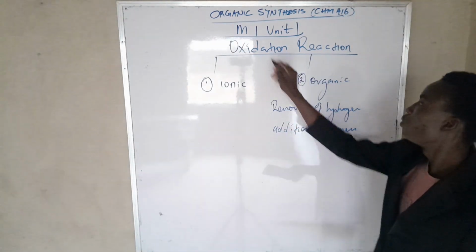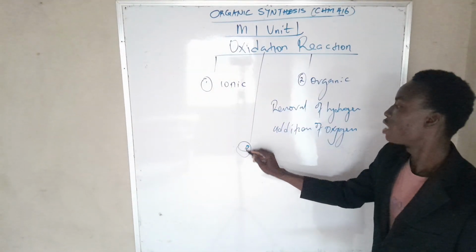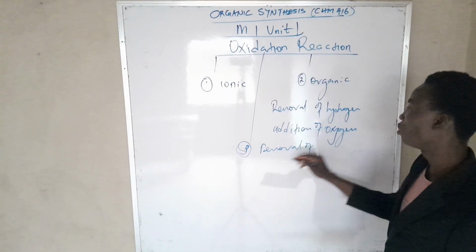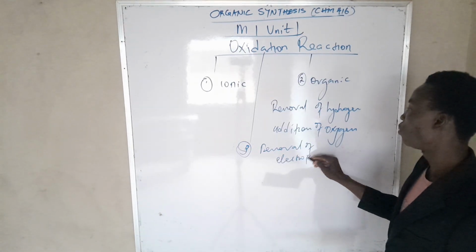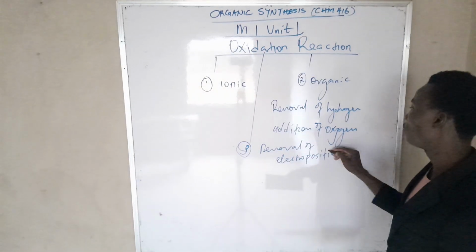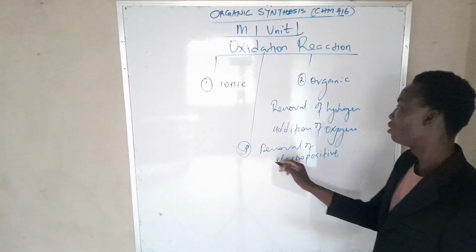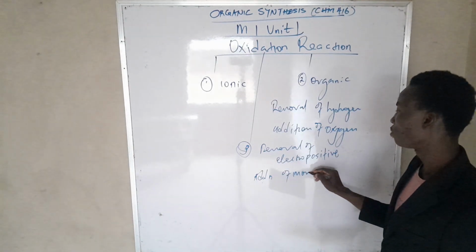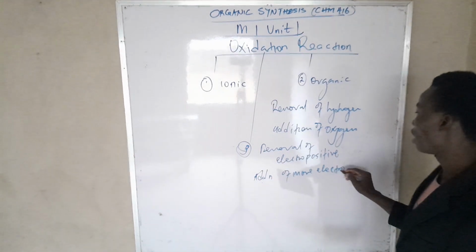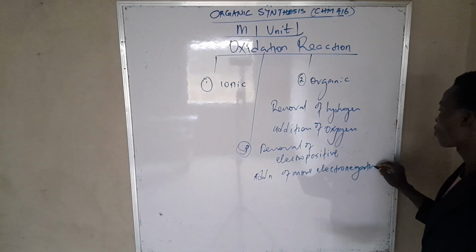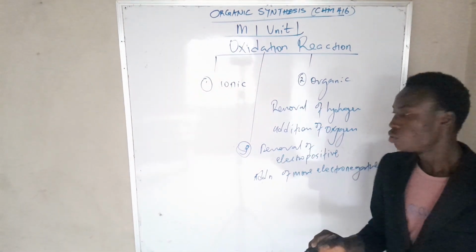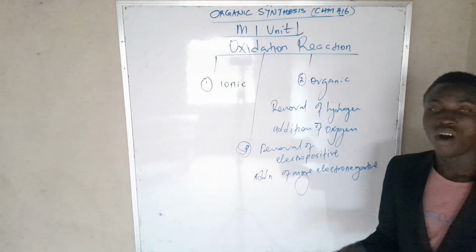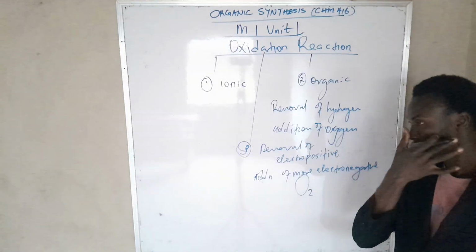In another form, we can also define redox reaction as removal of electropositive elements and addition of more electronegative elements. What are the typical examples of more electronegative elements? Take for example oxygen. Oxygen is a more electronegative element.